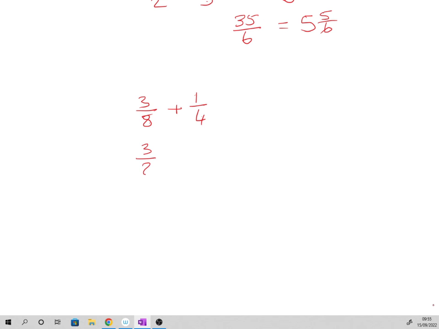So you've got 3/8 there, and I'm going to double both of these numbers in this right hand thing. So that becomes 2 and that becomes 8. Now we've both got 8s, so this is easy to add. So we just add the top. 2 and 3 make 5, so we've got 5/8. When they're the same, you can add them together just like that.